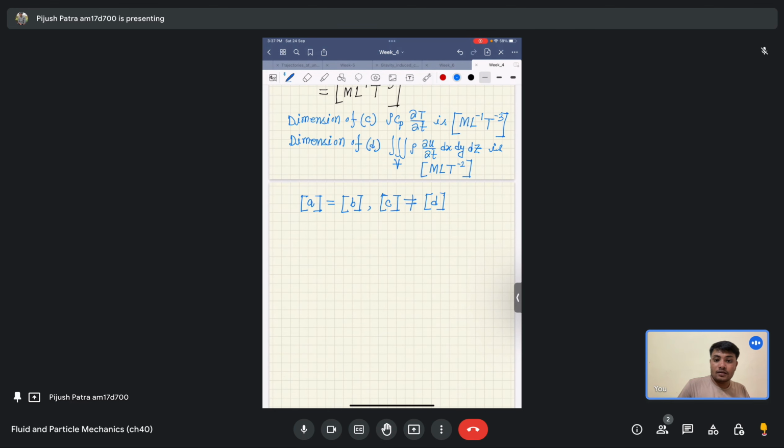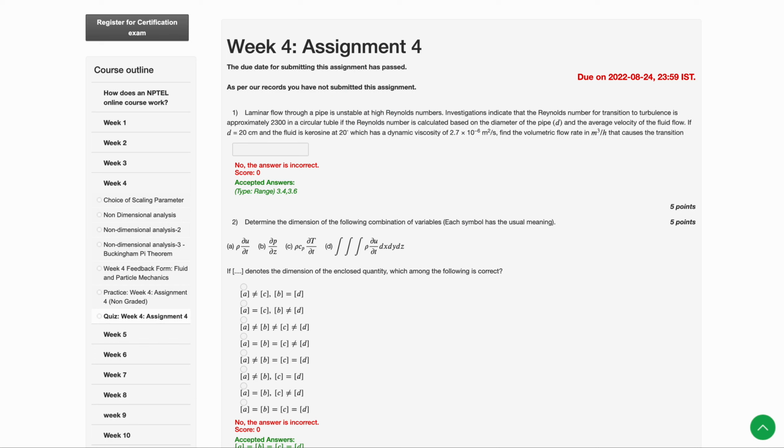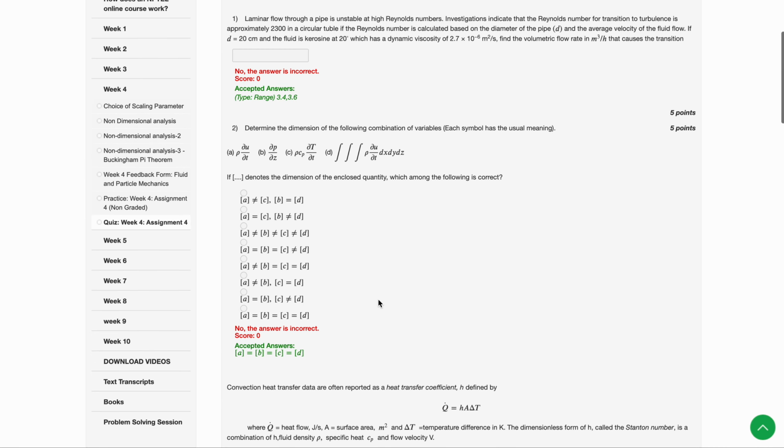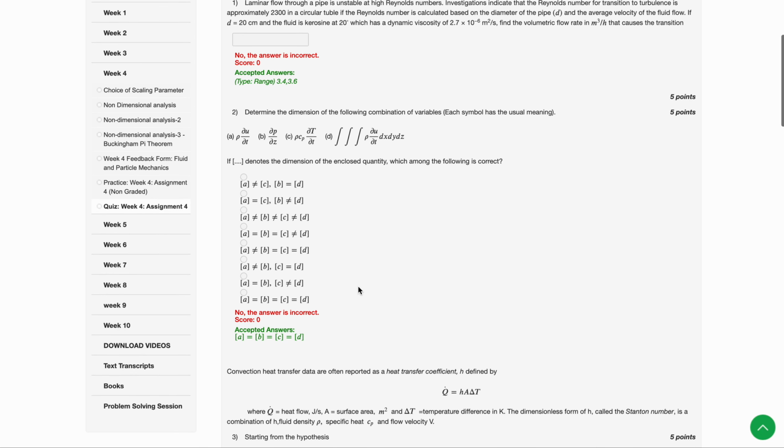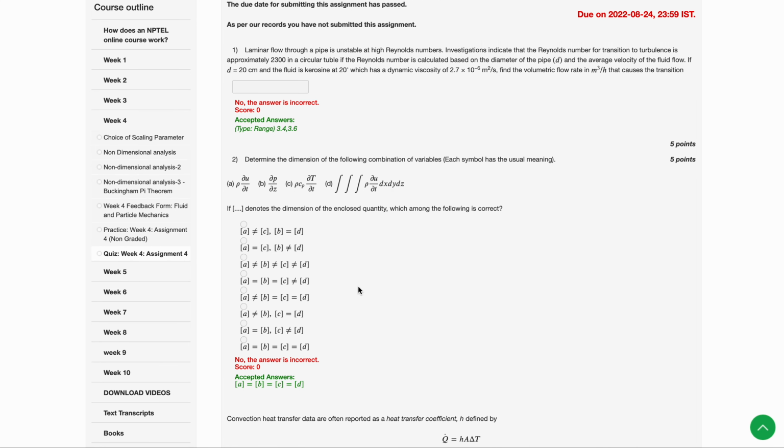Okay, so the correct option is this. What is the option number? I think there is no option number here, but the answer is something different, so you need to check that. But as far as my calculation, it is the right answer. A is equal to B and C not equal to D.